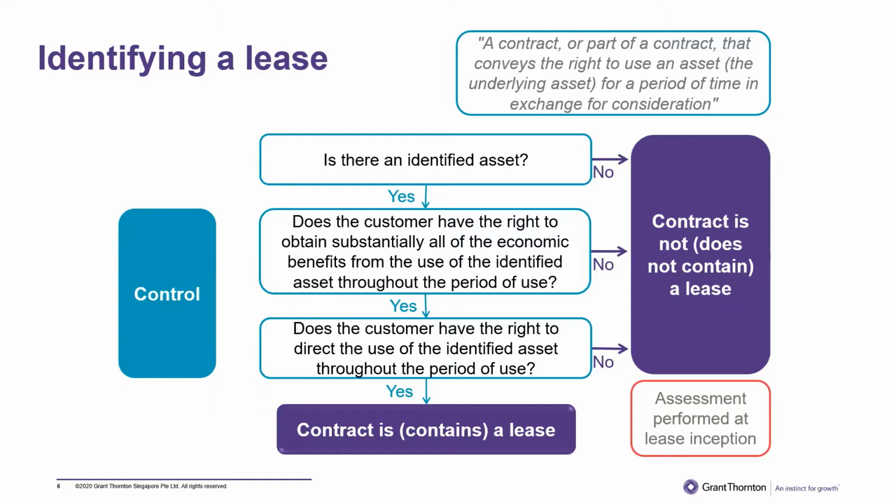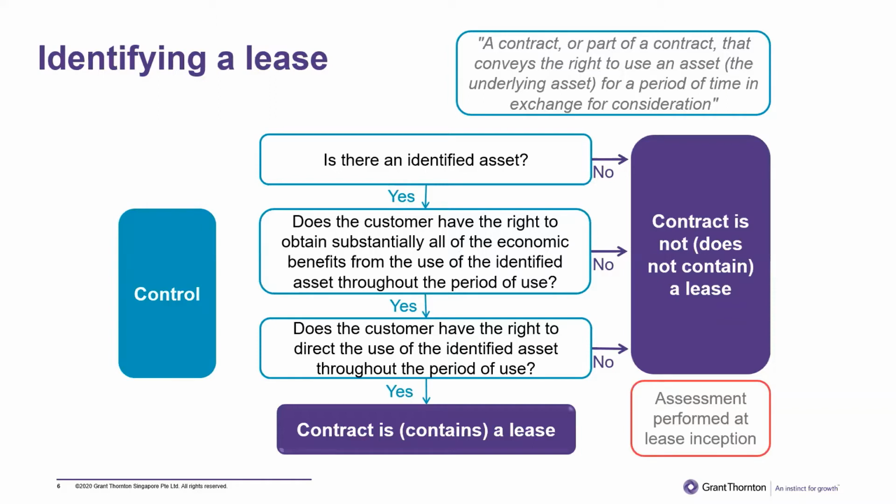Then the third element would be, does the customer have a right to direct the use of the identified asset? Now, what does this mean? It basically means whether the customer or the lessee can decide when to use the asset, how to use the asset, and for what purpose to use the asset. Again, in a simple office lease, all these criteria are automatically met, because the customer has the possession.